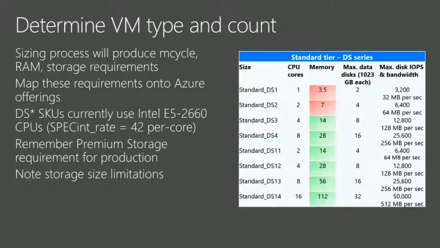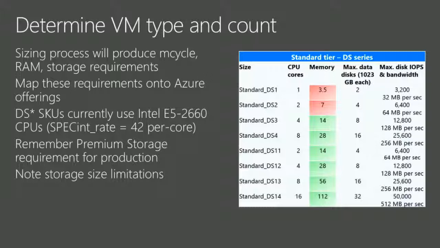This may not be the case moving forward, and likely won't, because much like Exchange, we are constantly reevaluating hardware SKUs and deploying new things on different hardware. So this is going to be an estimate, essentially.